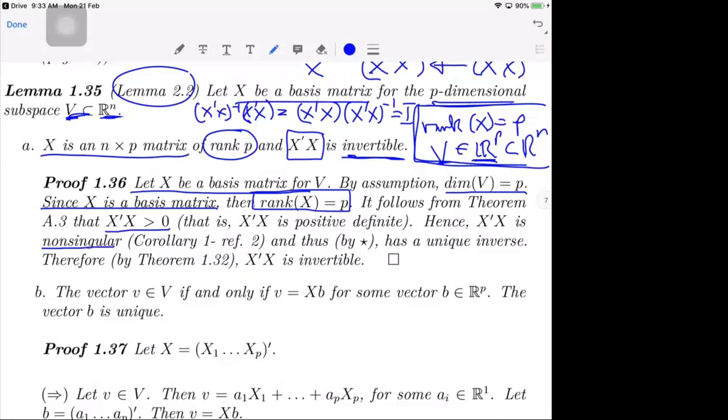And if it is non-singular, by the star, it has a unique inverse. So if it has a unique inverse, then it is invertible. And then we are done with the proof. So in this proof, we use some definitions and results in linear algebra. So this is a very easy lemma, no? Just a lemma. Okay? Next.